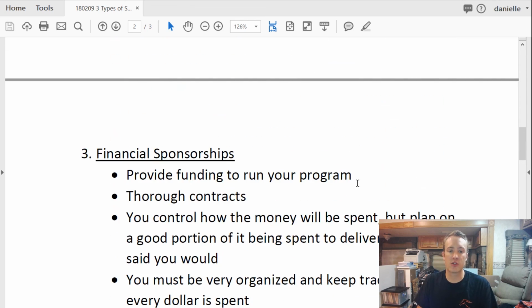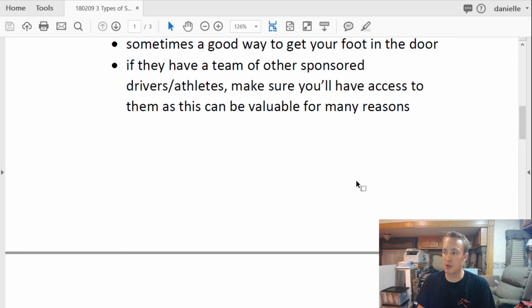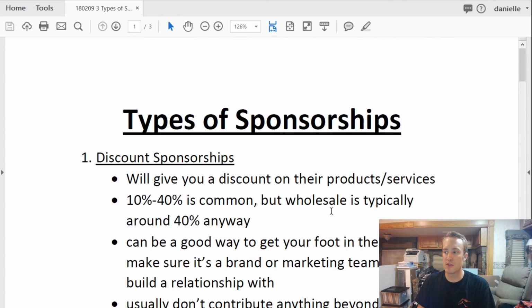So those are essentially the main types of sponsorship that you'll run into, the three main ones, of course, being discount, product, and financial. They are very, very different, and one of the most important things you need to remember: discount sponsorships seem great, especially when you're new in the sponsorship game, but be very wary of them, because it's pretty easy to get taken to the cleaners, so to speak.